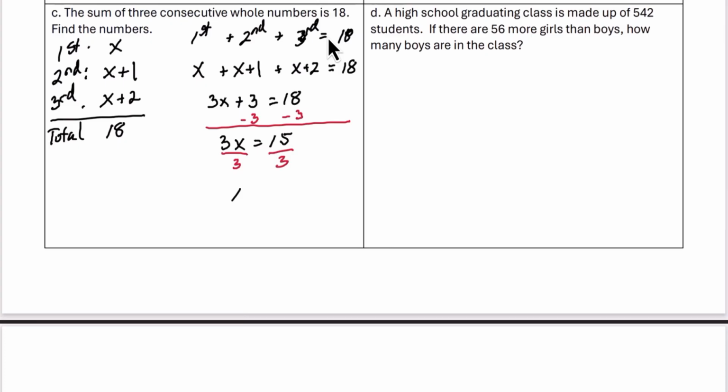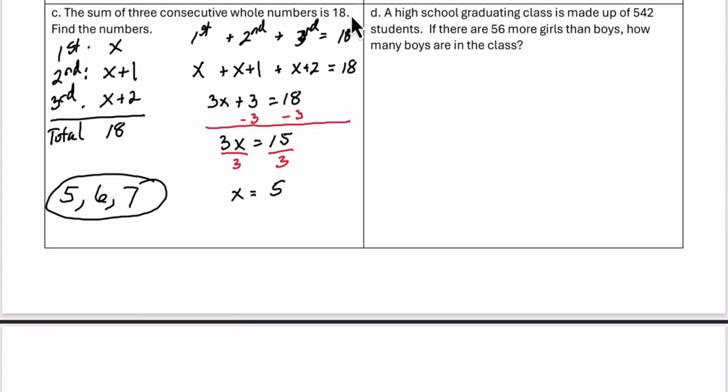And we get that x is equal to 5. Recall what we said x is. We labeled x as our first number, 5. The second number is x plus 1, or 5 plus 1. That is 6. The third number is x plus 2, which is 5 plus 2, which is 7. So the three consecutive numbers are 5, 6, and 7. Notice if we add those up, we get 18. So we can check our work.